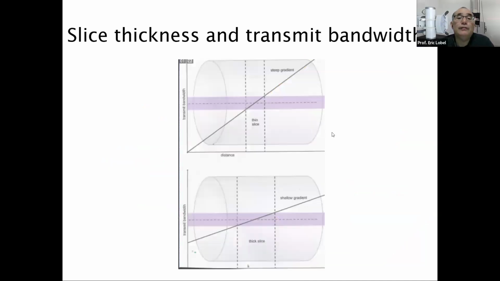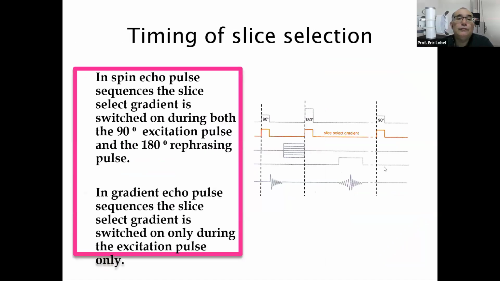So here's just an illustration. We're going to get a thin slice with this steep slope and a much thicker slice when we have a shallow slope applied. Now, when does this happen? This happens in a spin echo sequence.